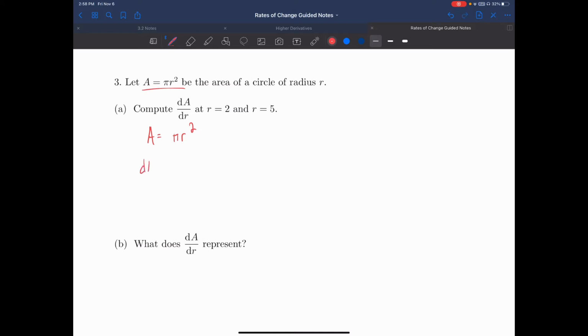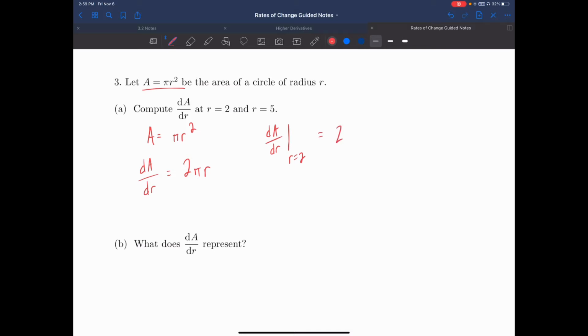then dA/dr would just be bringing this 2 down and subtracting 1 from the exponent. And just remember, pi is a constant, so it stays as it is. And then it says compute these two. So the notation for that is always, I don't really like this notation, computed at r equals 2.